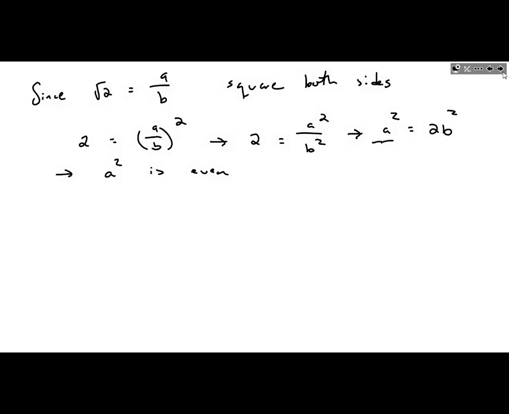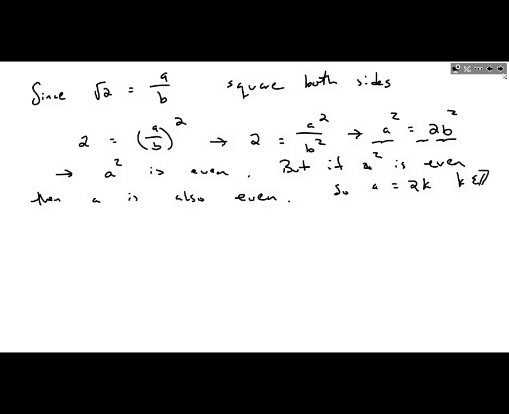Why? Because it is 2 times b squared. But if a squared is even, then a is also even. So a equals some 2k for integer k.